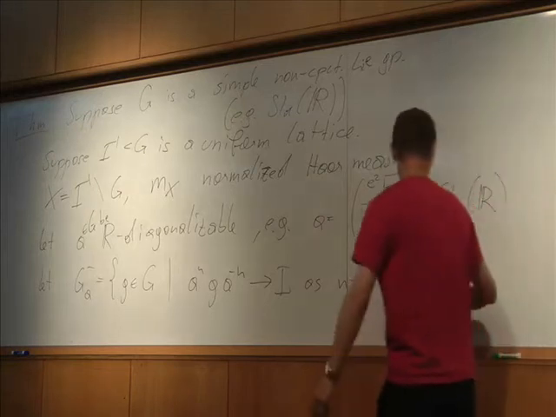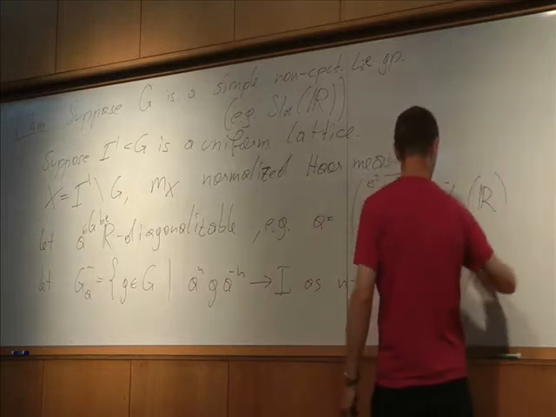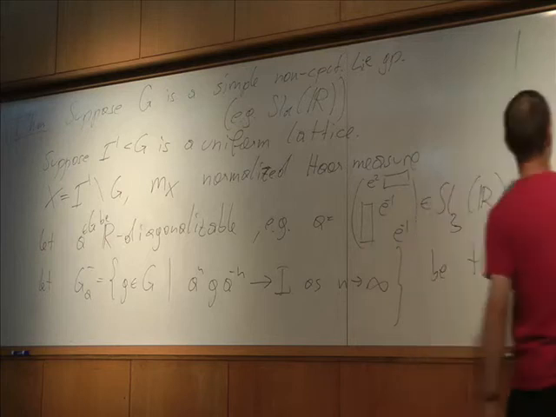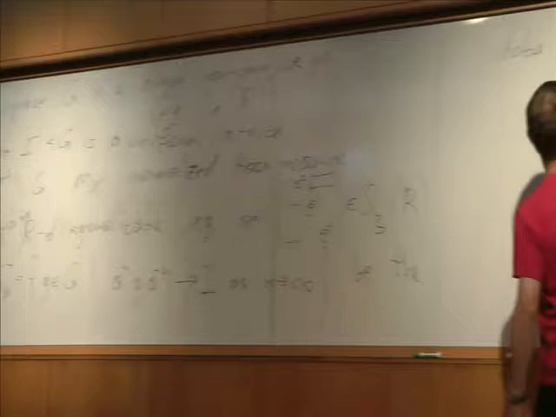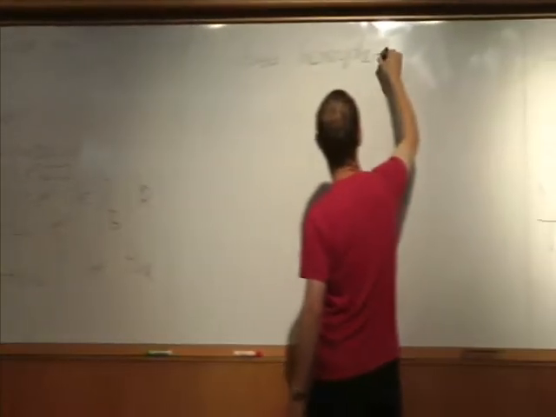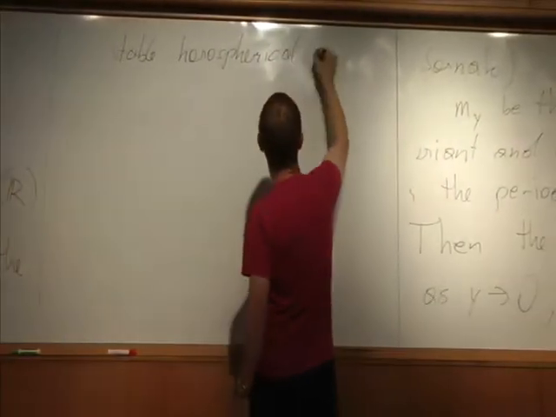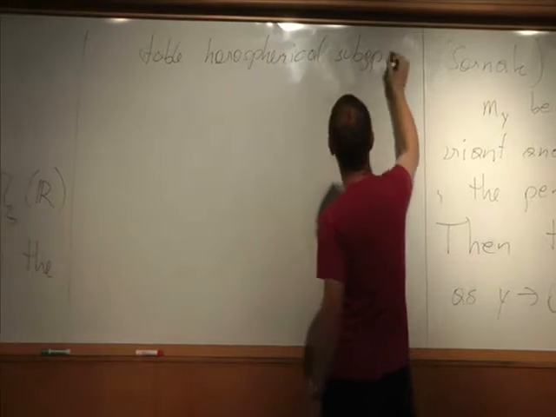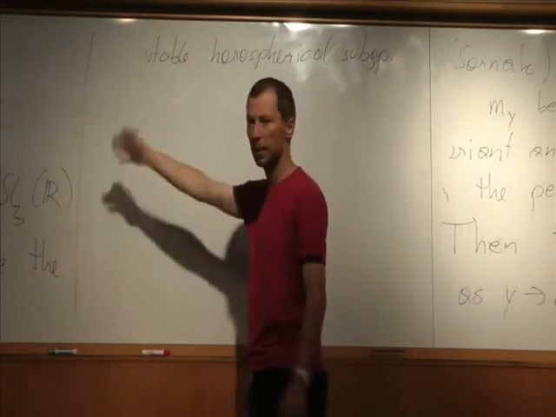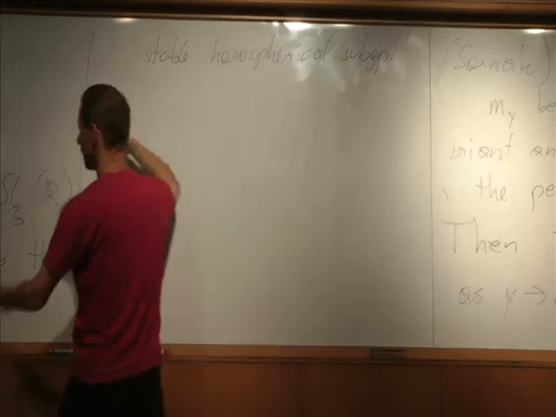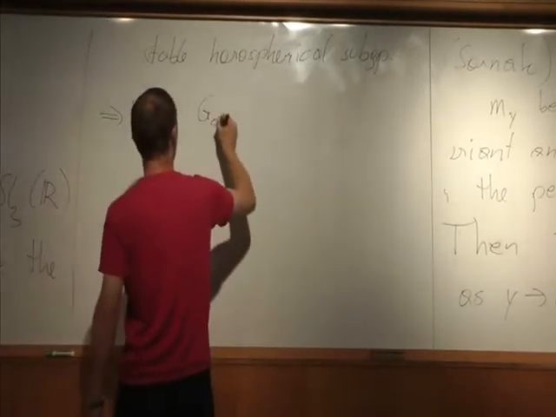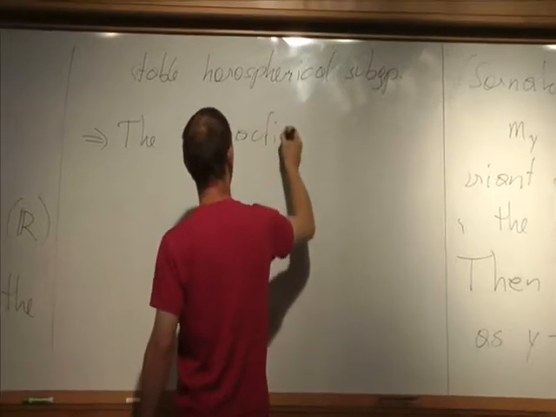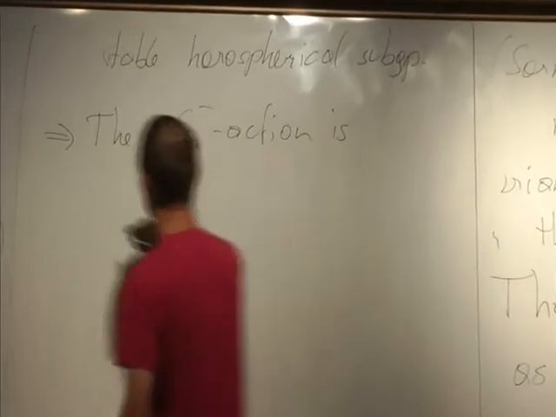And we call that the stable horospherical subgroup. So far I had setup and definitions. Theorem. Conclusion: the G_A^- action is uniquely ergodic.